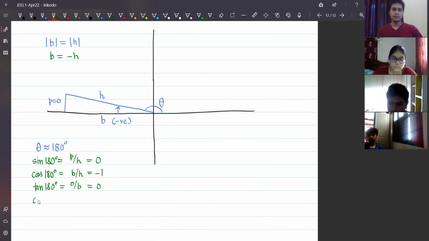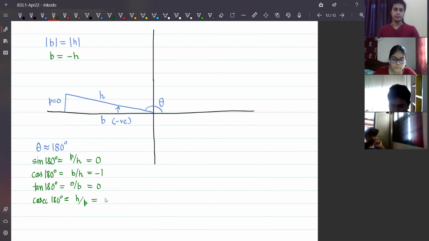Then cosec 180. Sorry. Cosec is hypotenuse by perpendicular.